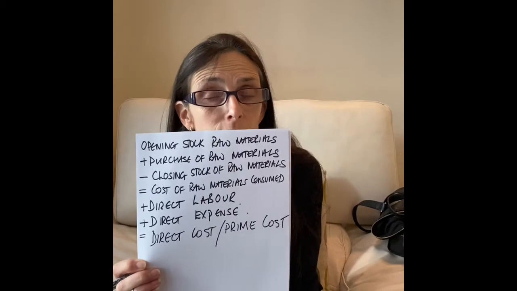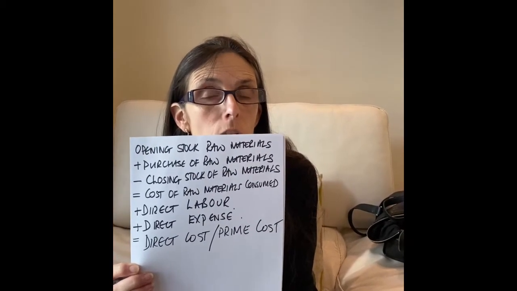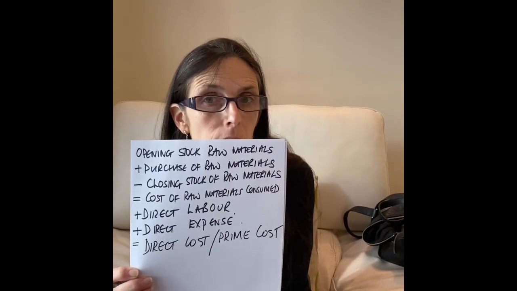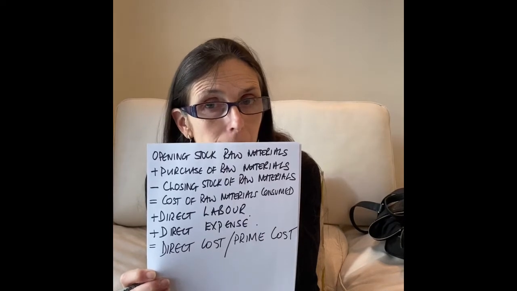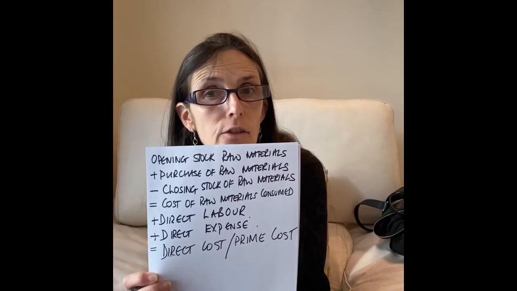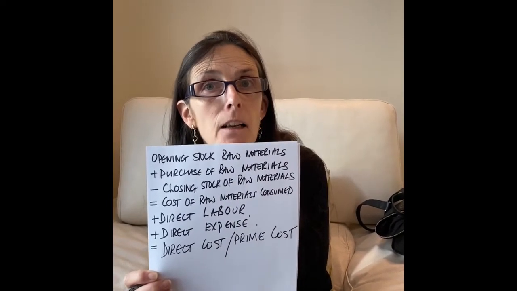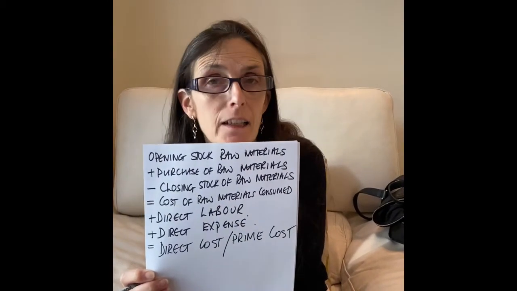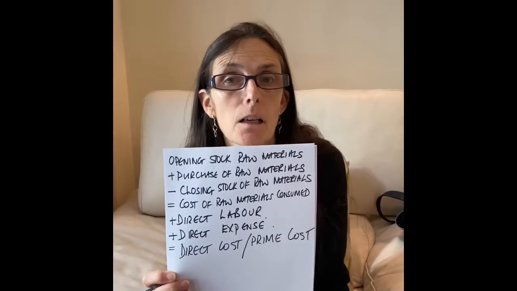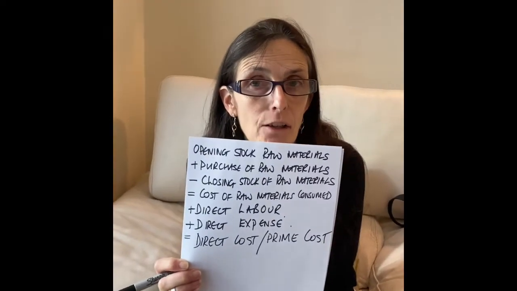And if we want to get a proper total cost of production, it can't just be direct, because we have to pay factory heating, factory lighting, factory repairs, factory maintenance, factory insurance, factory canteen wages, so many costs in the factory.